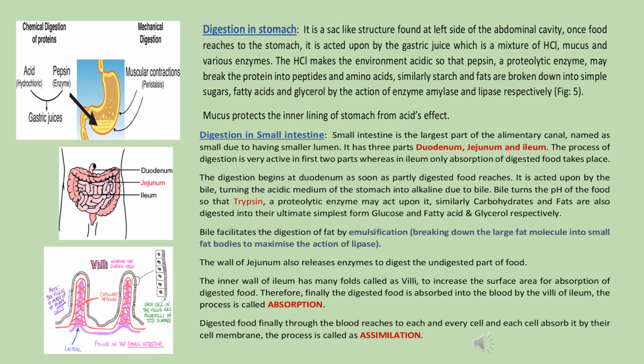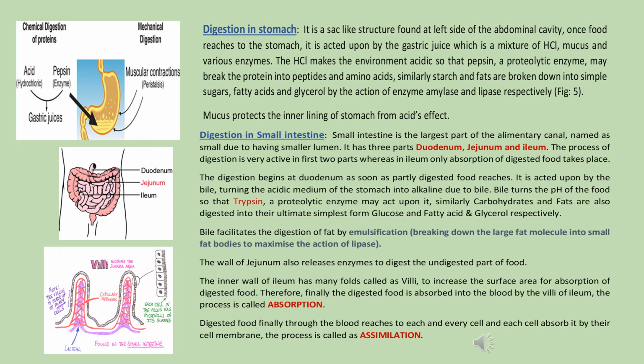However, bile is also released in the duodenum through a common duct called the hepatopancreatic duct, which makes the environment of the food totally alkaline. And trypsin is the enzyme which requires an alkaline medium for its proper action. So again we see the process of digestion of protein continues.